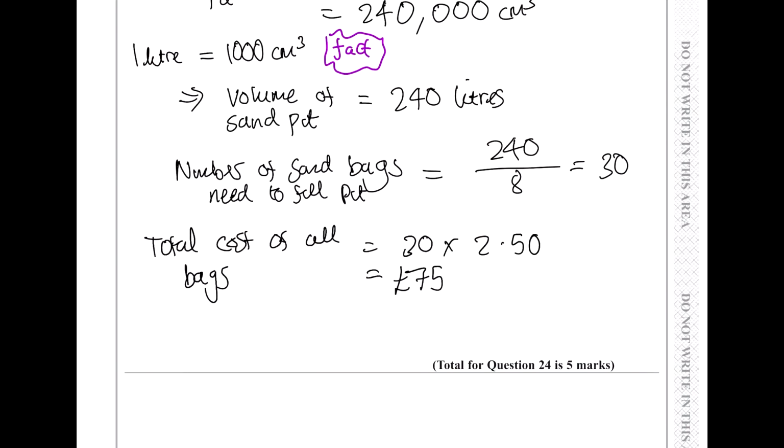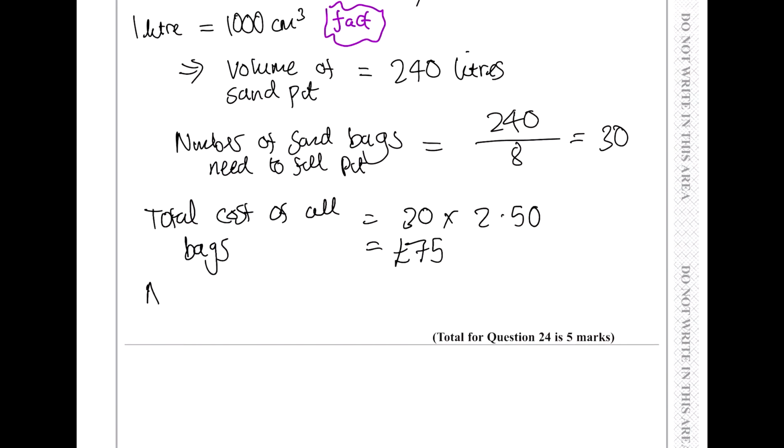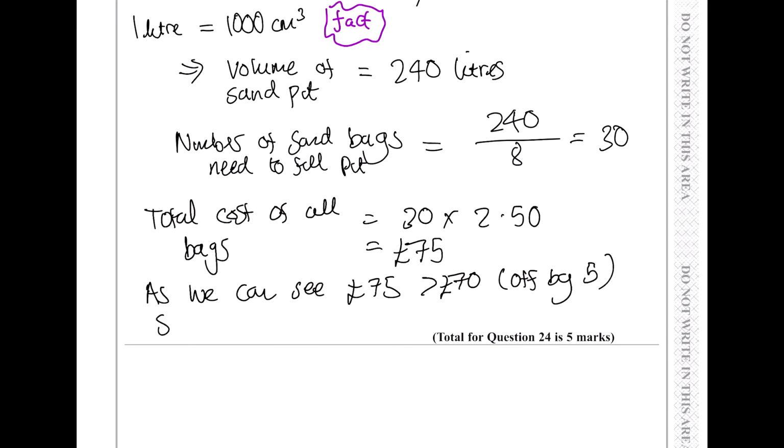So as we can see, £75 is bigger than £70. So we can say off by 5. So Sally is wrong.